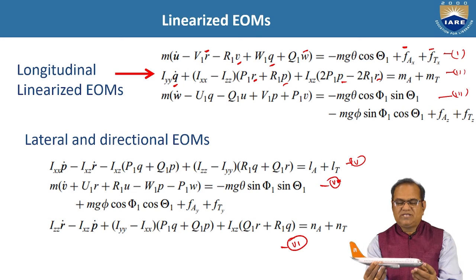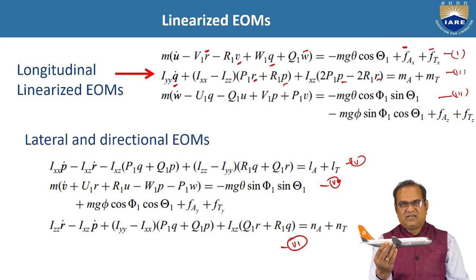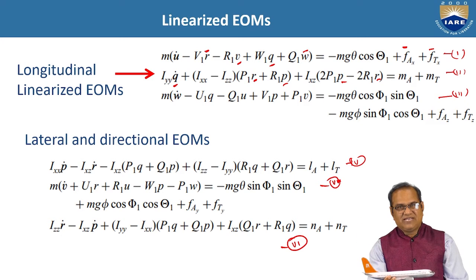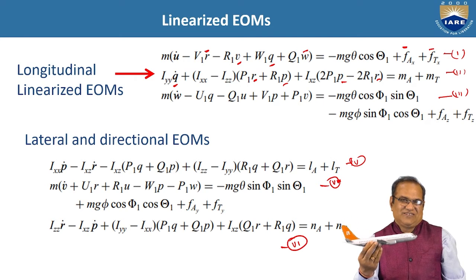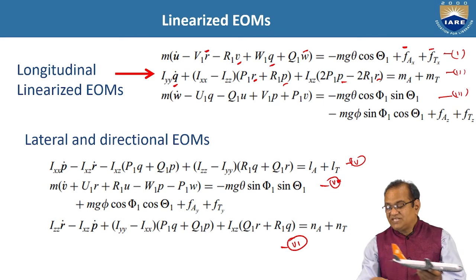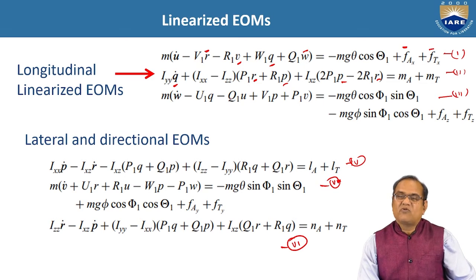So these three motions, again I am just telling: X direction motion, positive Z direction, and pitching about the lateral axis. This is called pitching. As per these three motions, these three equations are given for the longitudinal linearized equation of motion in perturbed quantities. It is given like this.